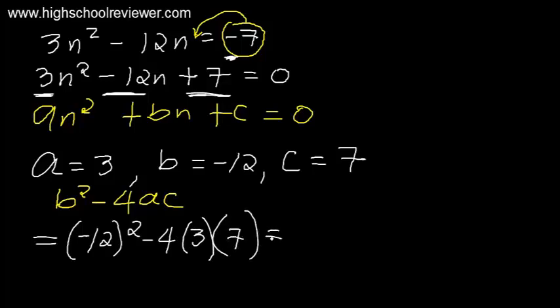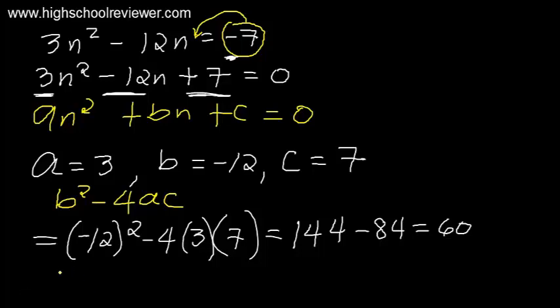Okay, so 12 raised to the power of 2 is 144. So 144 minus 4 multiplied by 3 multiplied by 7, this is 84. And then 144 minus 84 is equivalent to positive 60.